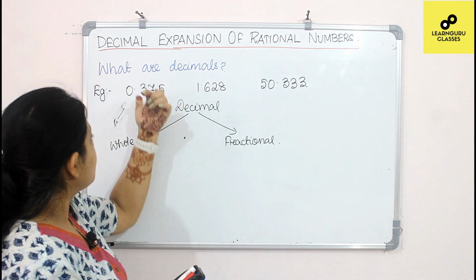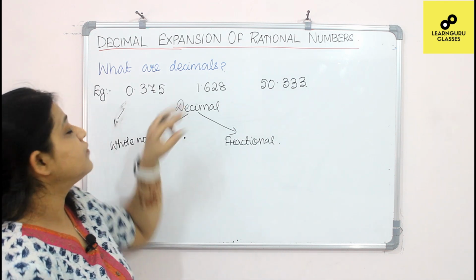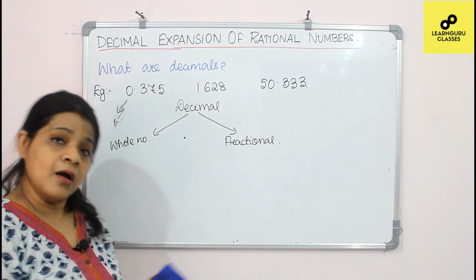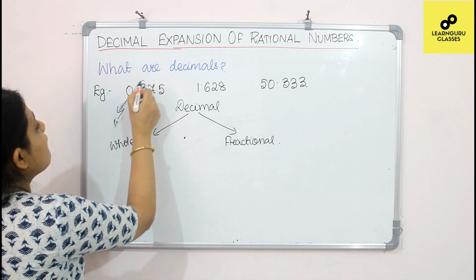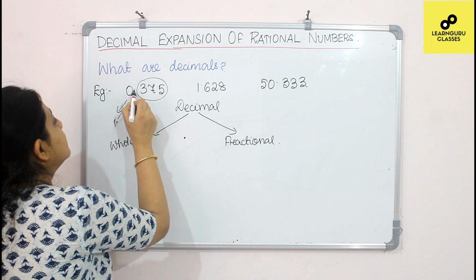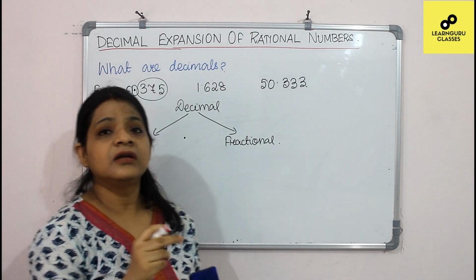So let's see whether it satisfies the definition or not. Suppose 0.375. 0 we can call the whole number, 375 is the fractional part, and this is the dot or the decimal.